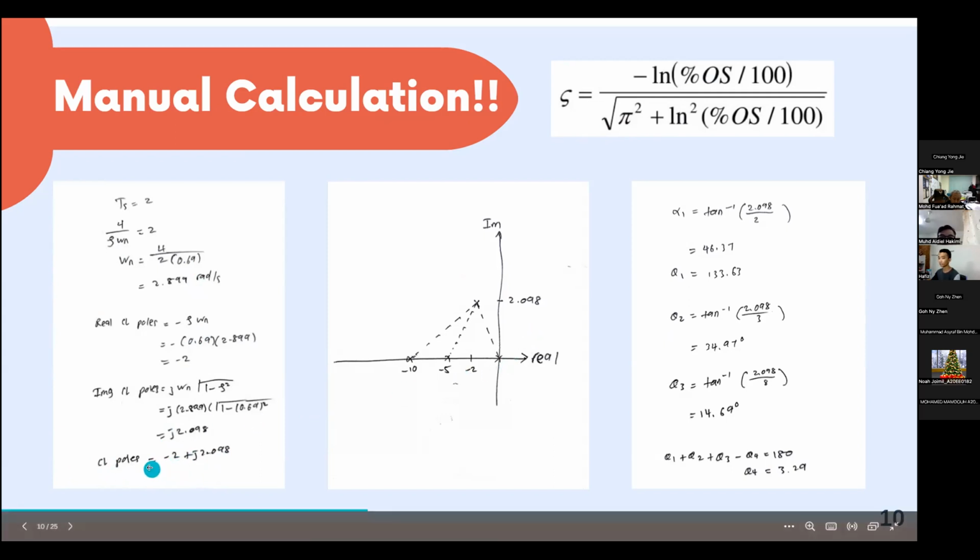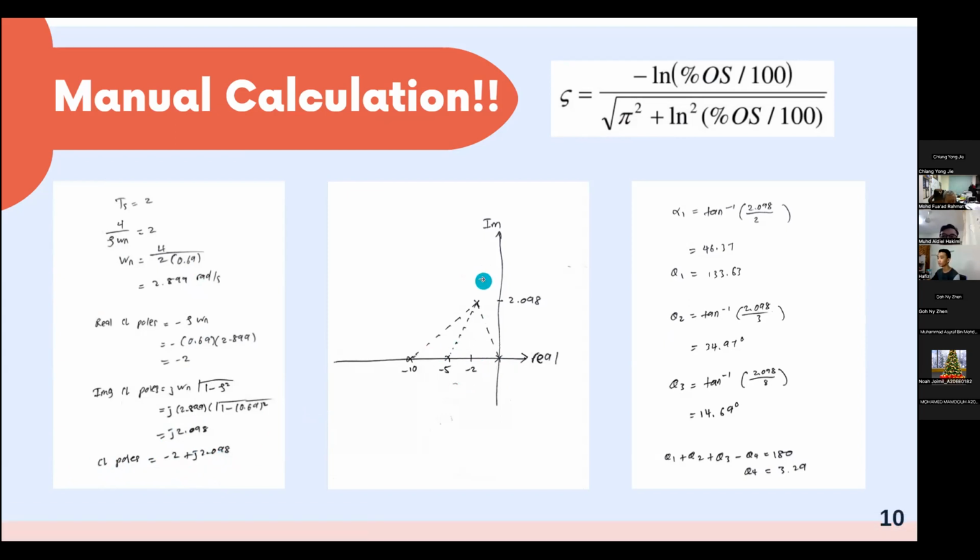And after we find the closed loop dominant poles, next for the system, we need to find the one zero that will be added into the system.